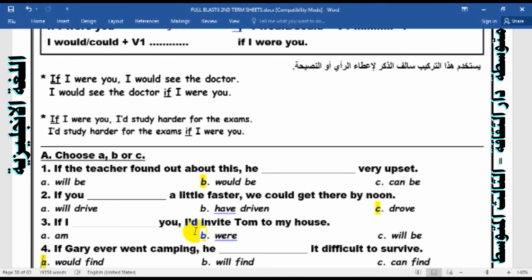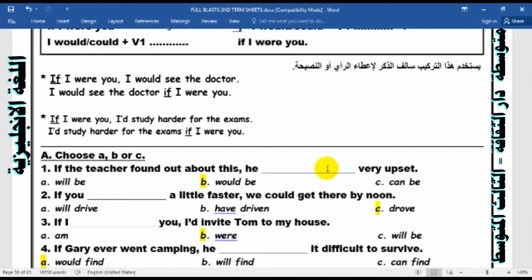Because it's a conditional sentence, if type 2. If at the beginning, the second clause must be would or could plus verb 1. يعني if الأول يا رجالة هنيجي نبص عليها جاية بعدها ايش؟ past simple verb 2. found يبقى لازم استخدم هنا على طول ايش؟ would or could plus verb 1.